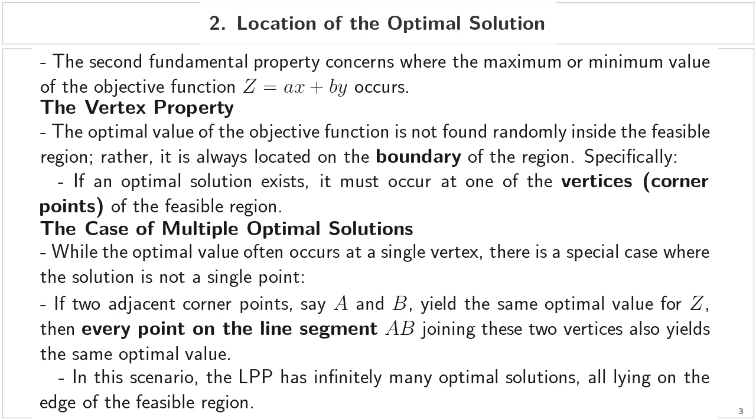If that happens, then every single point on the straight line segment connecting point A and point B also yields that same optimal value. In this specific scenario, the linear programming problem doesn't just have one answer. It has infinitely many optimal solutions, all of which lie along that specific edge of the feasible region. As we will see in the next slide with our bakery example, understanding this helps us see how these mathematical rules apply to real-world production decisions.